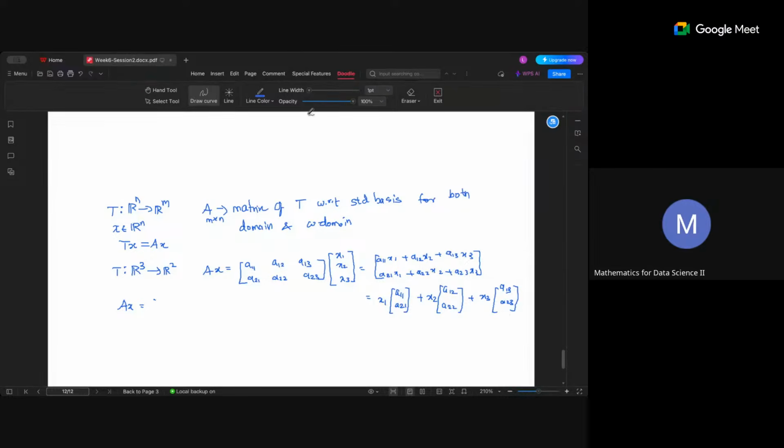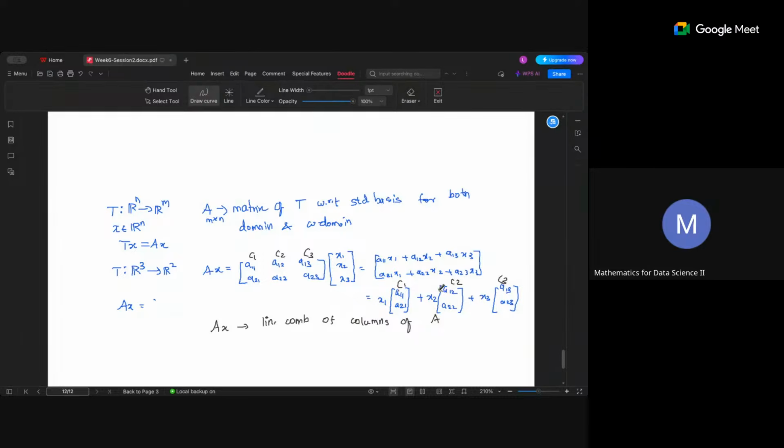Okay. So what do you observe here? The observation is that this is your column 1, column 2, column 3. So what I have done is written Ax as a linear combination of the columns of A, with coefficients x1, x2, x3.